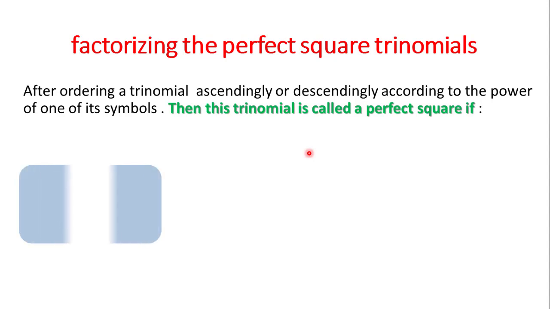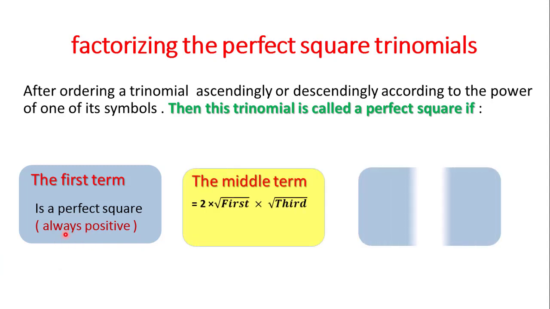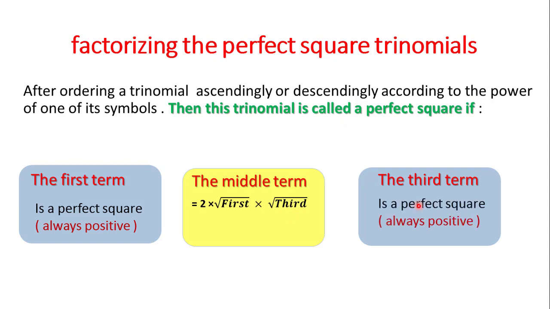Any trinomial is a perfect square if the first term is a perfect square and it's always positive, the second term equals 2 times root the first term times root the third term, and the third term also is a perfect square and is always positive.